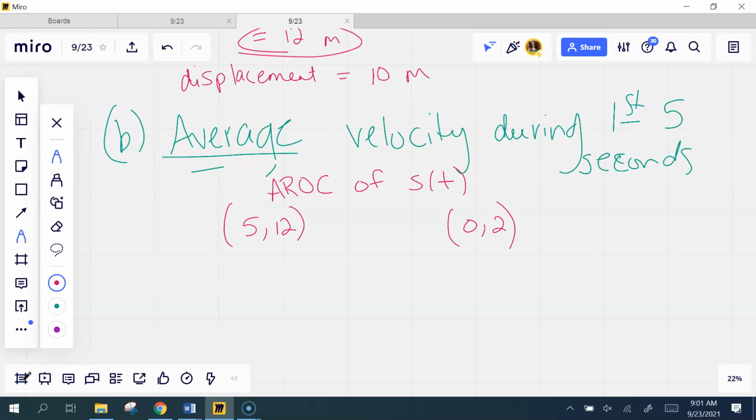Now, here's where units are going to be crucial. Make sure you include units. You will lose your whole answer point for not putting your units in there. All right, so average velocity would be the difference of the y's, which is my position, 12 minus 2 over the difference in time.